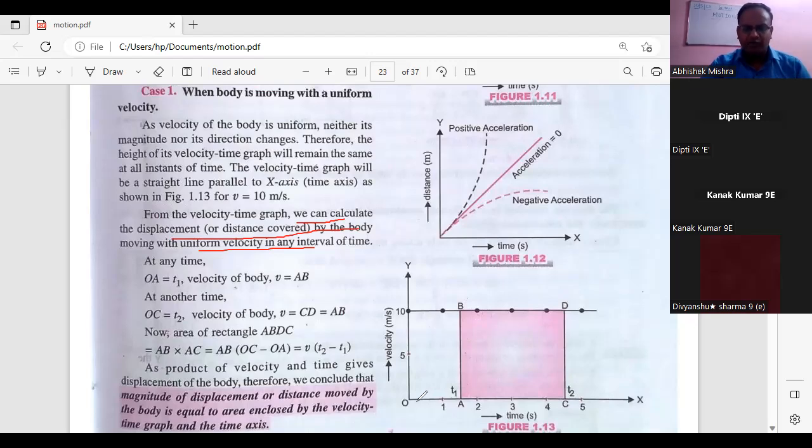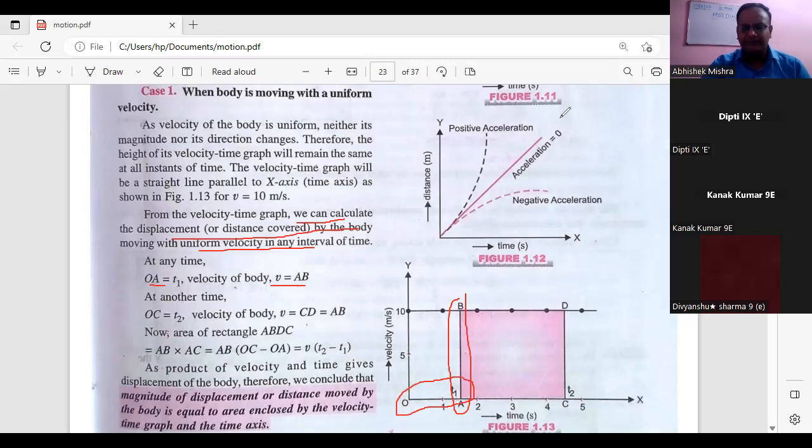So can we say OA to be T1? This is a time, yes or no? We are saying OA to be T1 and the velocity V is AB. And what is the time? OA is T1, the time. Yes or no?